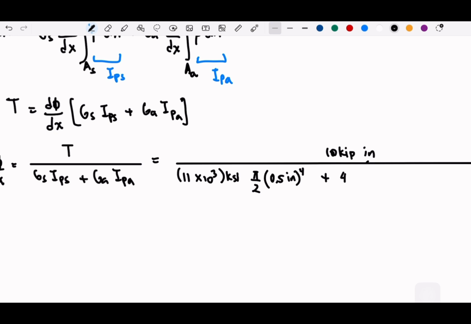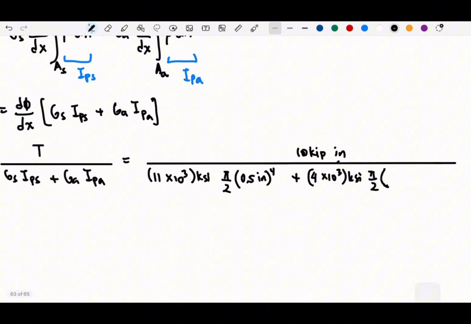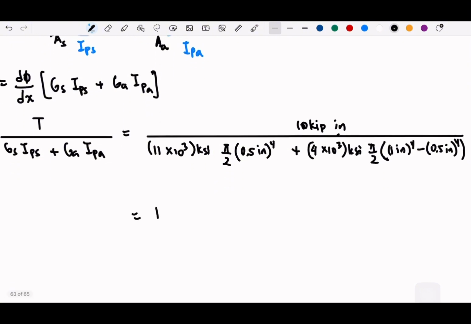So this will be 4 KSI pi over 2, and now we have a hollow for the aluminum, 1 inch to the power 4 minus 0.5 inch to the power 4. From the calculations, we get 1.434 times 10 to the power of -3 radian per inch.